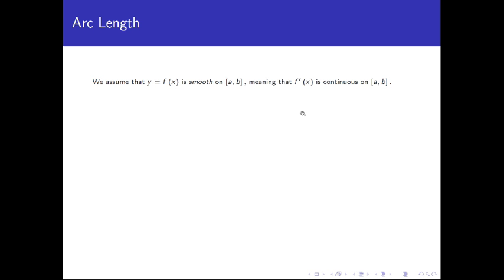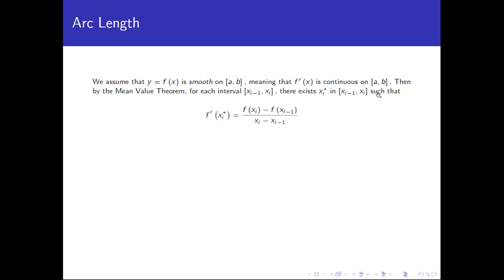Okay? All right, so if it's smooth, that means that our derivative, again, is continuous on the entire interval from a to b, which means that we can apply the mean value theorem to the original function. Remember, the mean value theorem applies to a function that is continuous and differentiable.